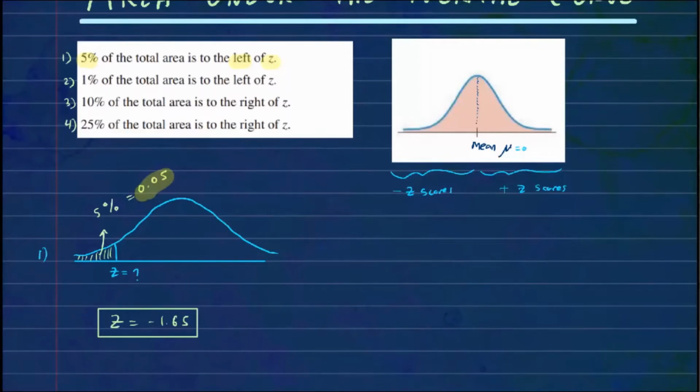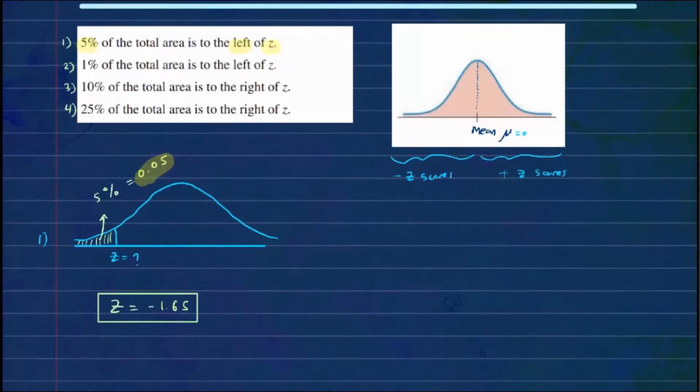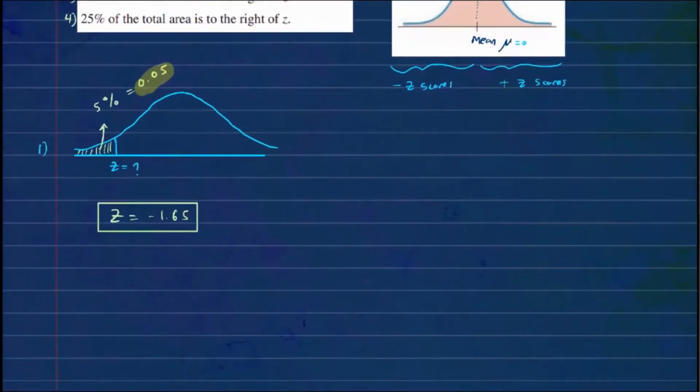Let's take a look at the second problem: 1% of the area to the left. Again, we're going to use the z table. We want 1% to the left. Suppose this is the normal curve, and we're looking for the z that gives us a total area of 1% to the left. This is 1%, and if you convert that to a decimal, that's 0.01.